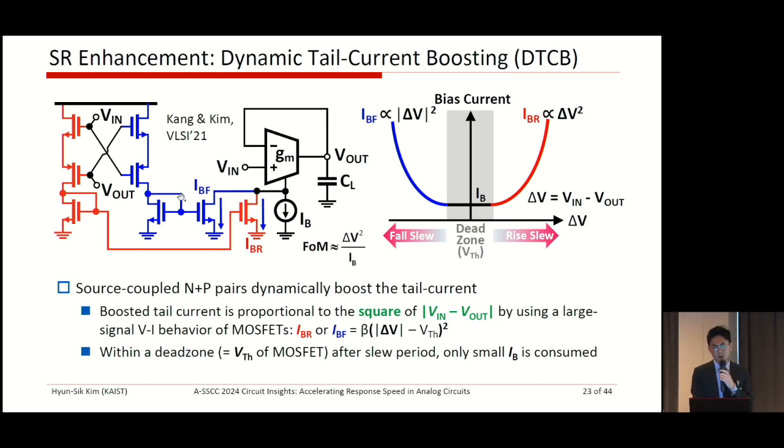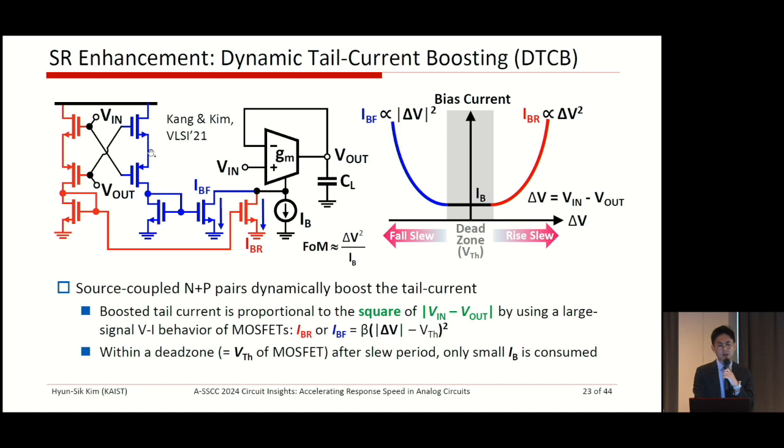So we can further maximize the boosting current, which is proportional to delta V squared. For a very high voltage difference, a very large boosted current will be generated, and that helps accelerate the slew rate response. Also, this left side circuit must be turned off during the steady state.